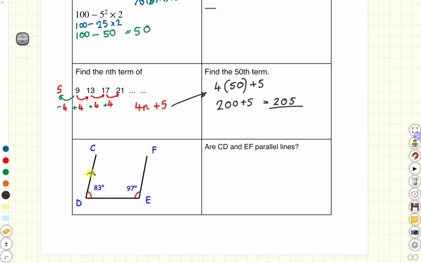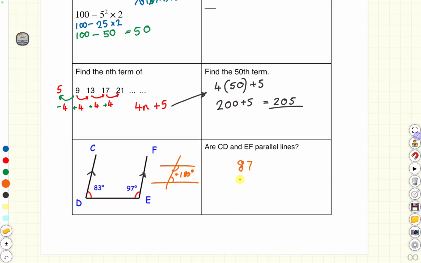And the very last one, are CD and EF parallel lines? So if these are parallel lines, as we are detecting, then we will then need to see whether these 2 interior angles add to 180. Because if parallel lines are in place, the 2 interior angles will always sum to 180 degrees. So let's just check.